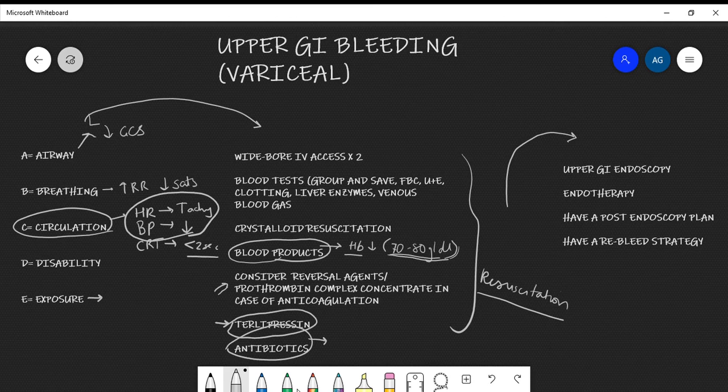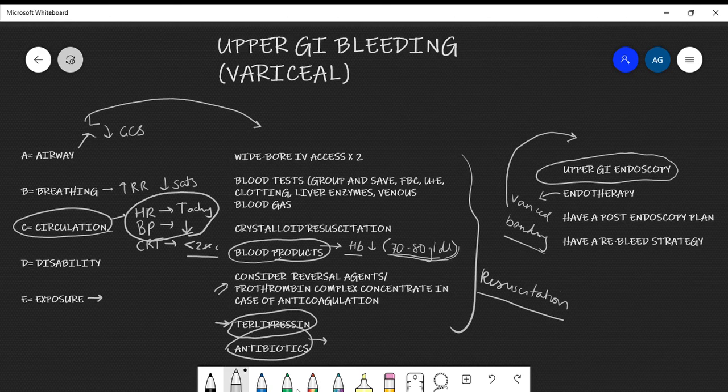Upper GI endoscopy has a proven role in treatment of variceal bleed. The specific endotherapy that can be given for variceal bleeds may include variceal ligation, or variceal banding, where a band is applied to esophageal varices.